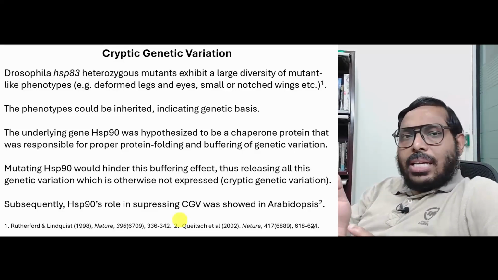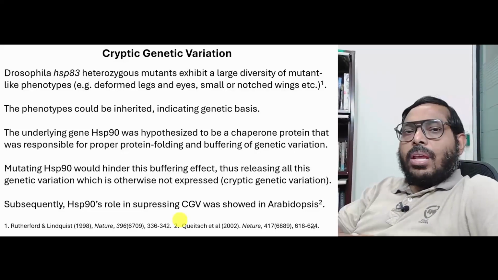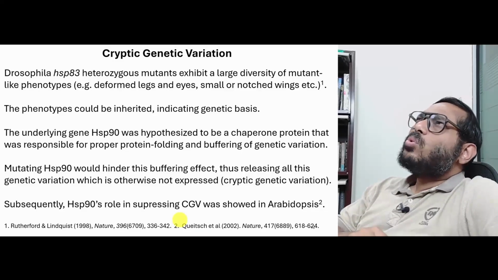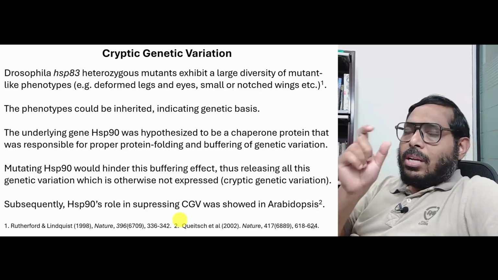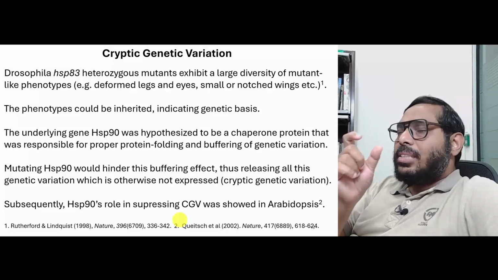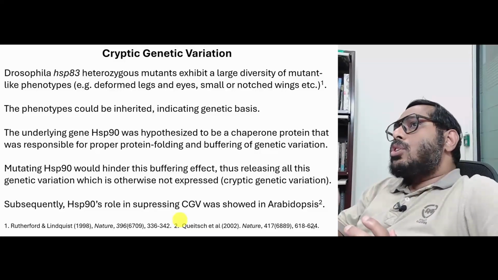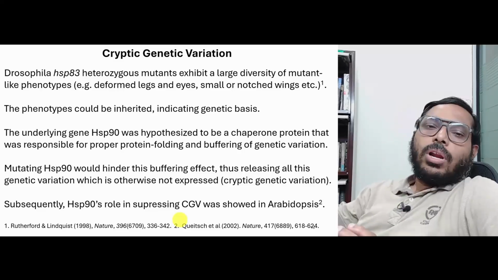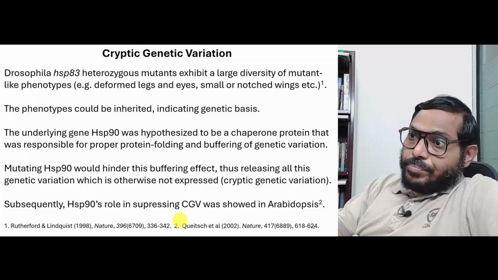They did exactly the same thing, they took an inhibitor of HSP90. As far as I remember, they did not use a mutation, they used geldanamycin as an inhibitor, and they showed that the moment you inhibit the effect of HSP90, all kinds of mutations start showing up.